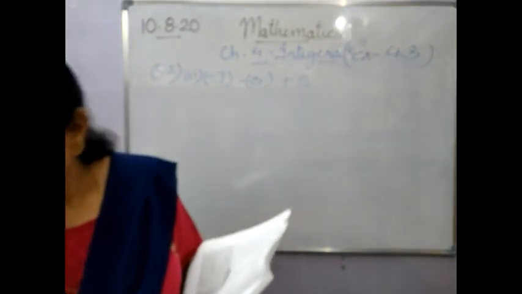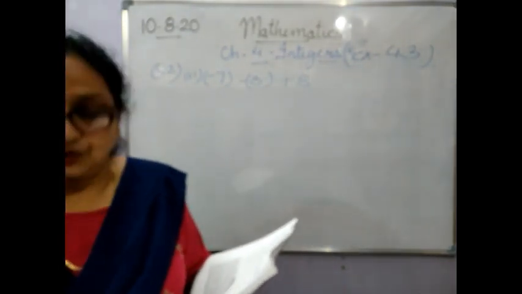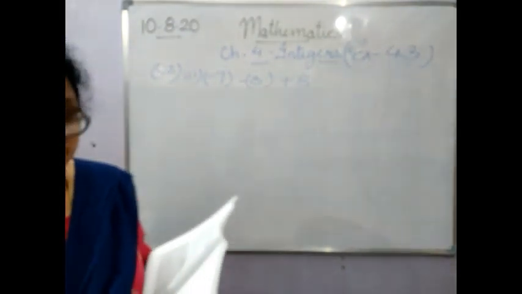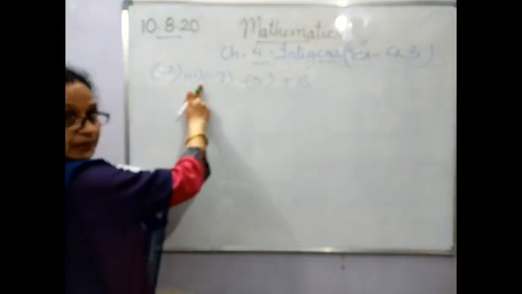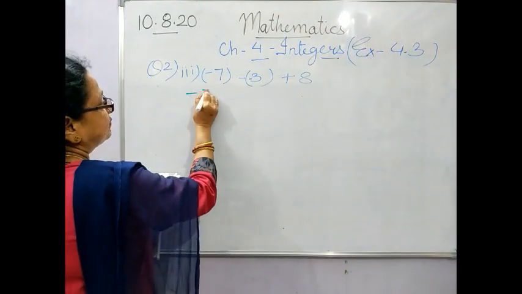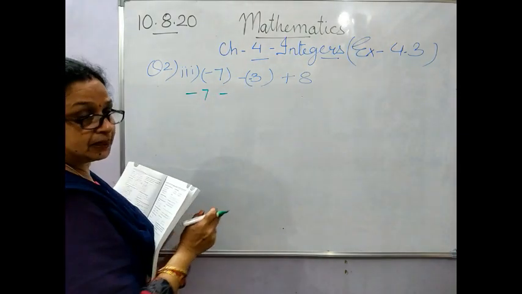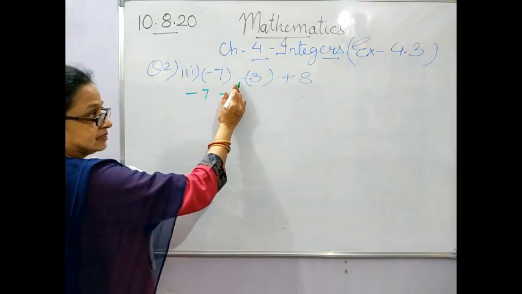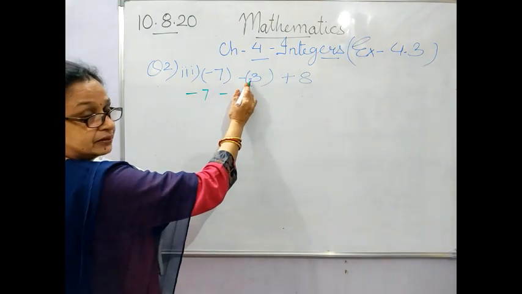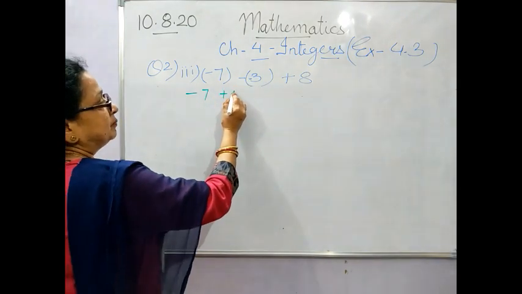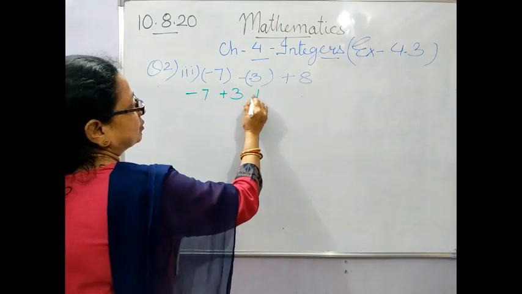We will solve the brackets. It is minus outside, so minus 7 minus, and this minus and minus will become plus. If minus is outside the bracket, the inside bracket sign will change and it will become plus 3, and this we will copy down.